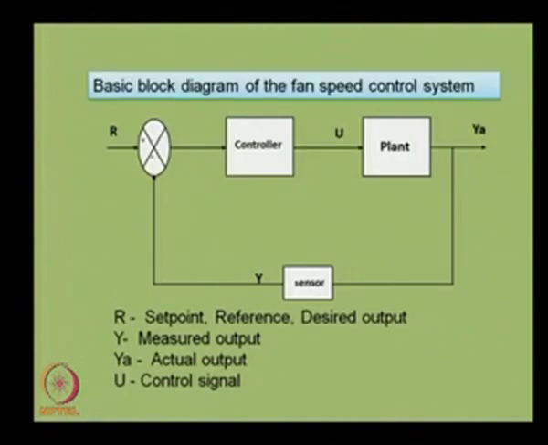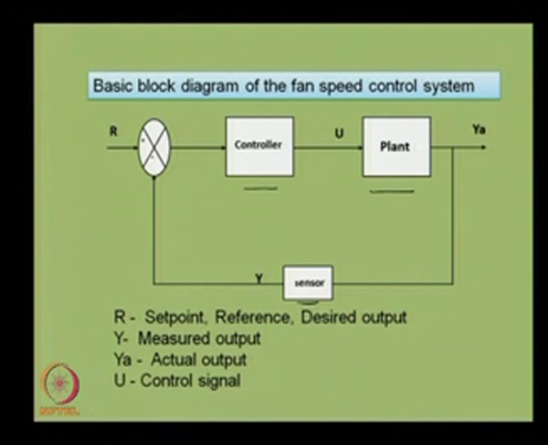Now, we shall see what the basic building blocks of a control system are. The basic building blocks of a control system comprise the plant as shown over here, which is a fan as we have seen earlier, a controller which can be made up of electronic components, or one can have software programs for the same as well, and a sensor, which is one of the most important parts of the control loop.